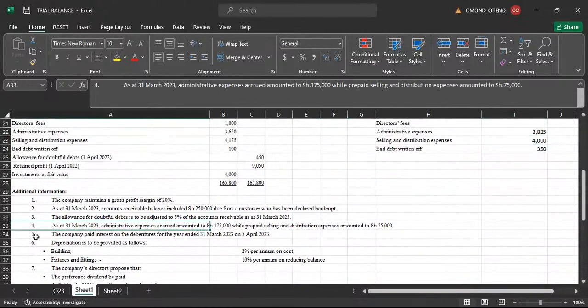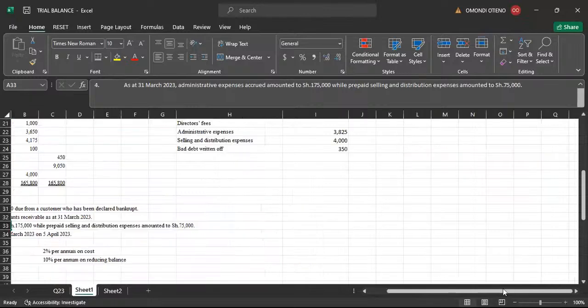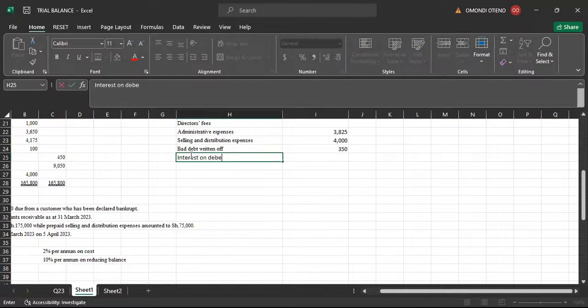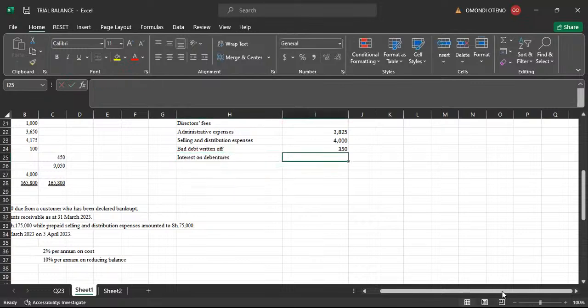The company paid interest on the debentures for the year ended 31st March 2023 on 5th April 2023. So it means there's another thing that we are able to see here. Interest on debentures, what was the rate? It is accrued.